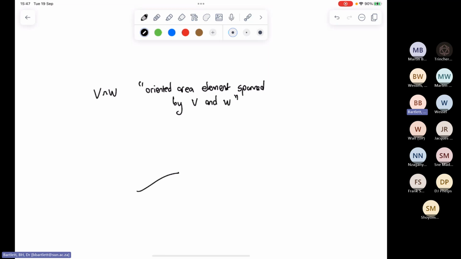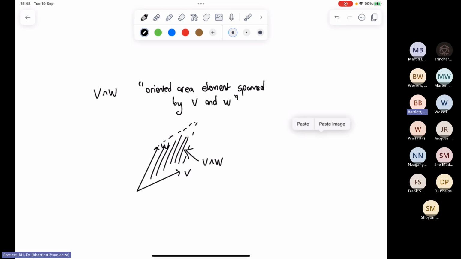So if you've got V and W, then this sort of thing here, the area between them, that is how I want to think of V wedge W. And it's an oriented area in that if I were to write down W first and then V, I would get the minus of this.